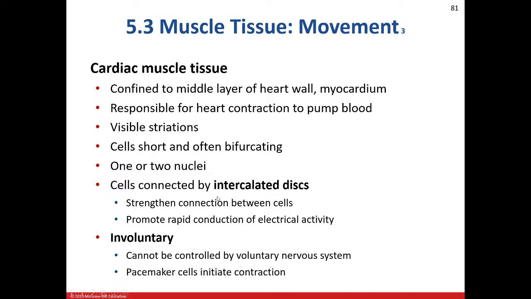And then the cells are connected by intercalated discs, which hold them together. It strengthens the connection between the cells. And in the intercalated discs, you find gap junctions. Remember gap junctions we talked about last time? Those are like windows between two sides of a duplex, right? You could pass certain things through that window, like water and a basketball, to the other side.